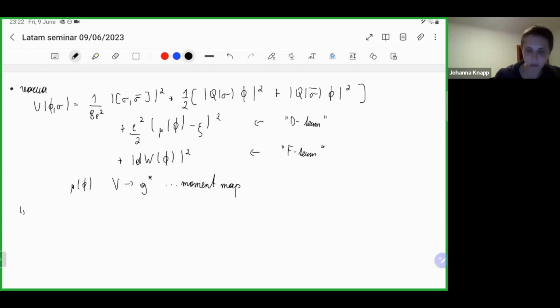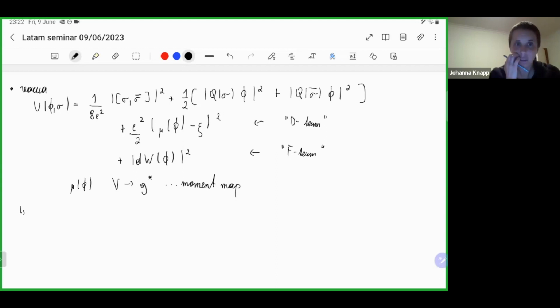So our goal will be to find the zeros of this potential, because this will give us the vacuum. And there's a few things to notice here. At first, this is not a trivial task, because these are highly nonlinear terms. Second, and that's good news for us, each of these terms is a square or a modulus squared. So it's positive definite. So if we want to find a zero, we have to set to zero each term individually.